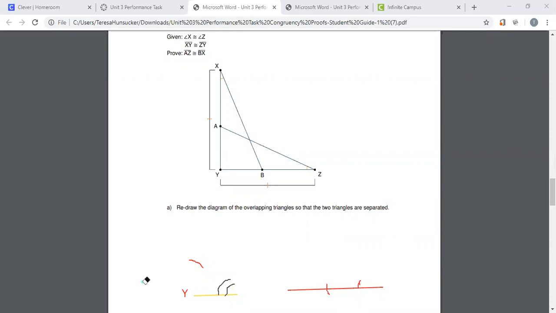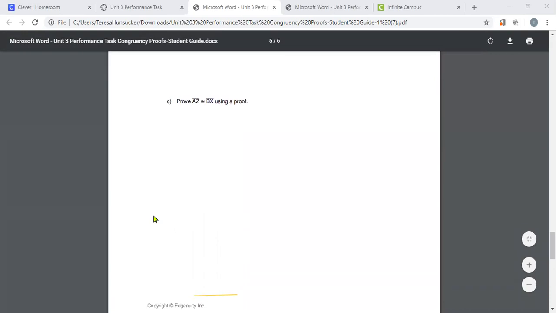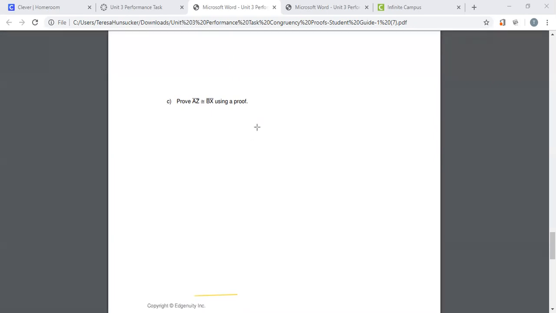I do have to erase in order to scroll. All right, so that's B. Prove the triangles are congruent. Okay, so this one is going to be a little difficult when you can't see the problem. But I'm going to do a two-column proof, and I suggest you do one as well.